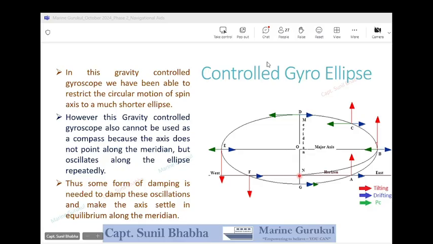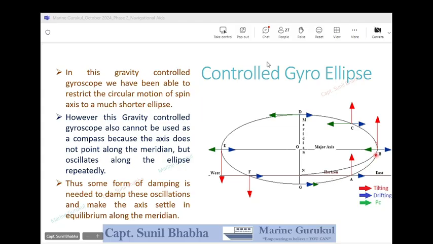Now what we need after this is some form of damping. You see, we have an oscillatory motion. Now one good thing which we have achieved is, irrespective of wherever our gyrostar is, the spin axis is not going to follow the gyrostar, it is going to follow this elliptical motion. The gyrostar has gone out of the picture now.